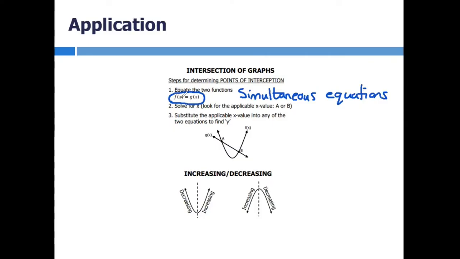But remember, f of x does represent y and g of x does represent y. So normally your equations are already in that format. Okay, so that's usually the case already for your equations. That's why they've just said here, you make them equal to each other. But it is the same as your simultaneous equations, and you solve the point of intersection.